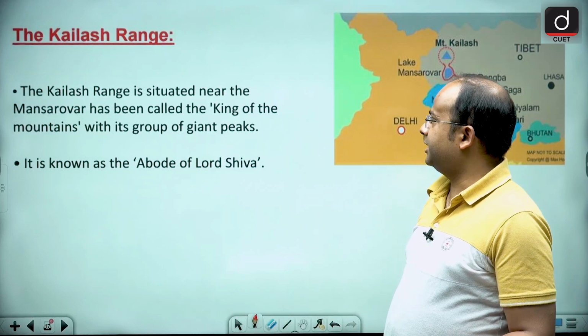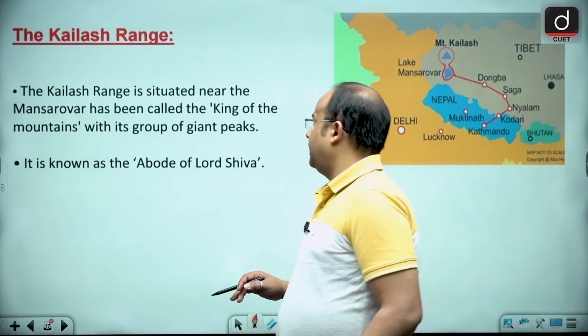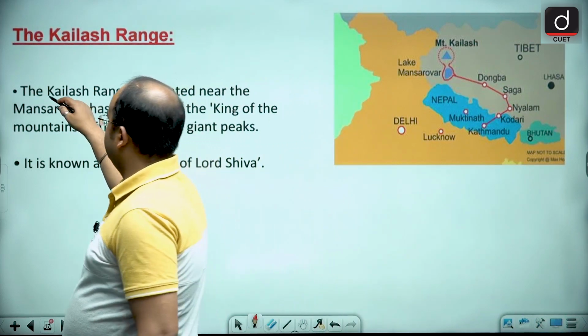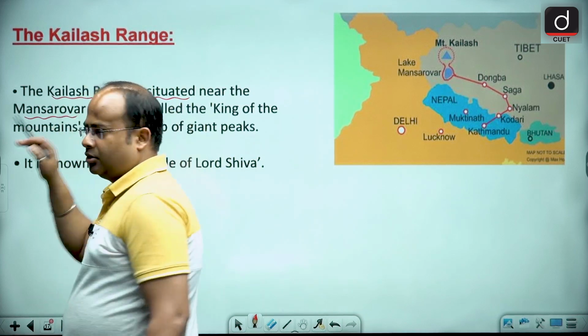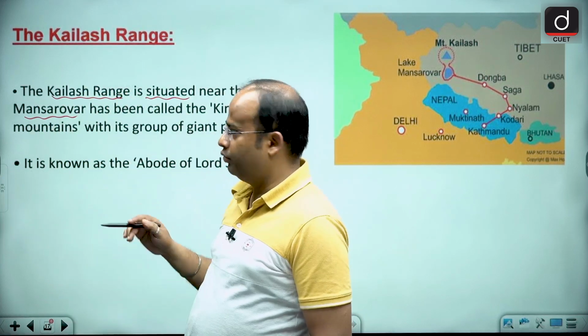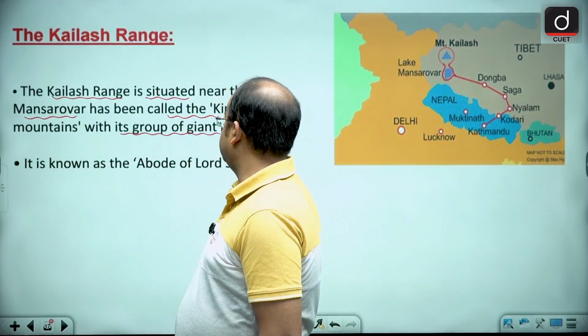Next we have, guys, the Kailash range. The Kailash range is situated near Mansarovar, also known as Kailash Mansarovar, and it is called the King of Mountains with its group of giant peaks.